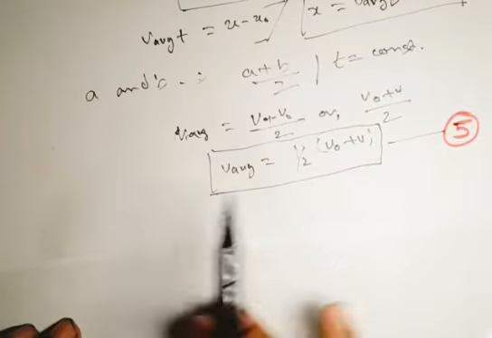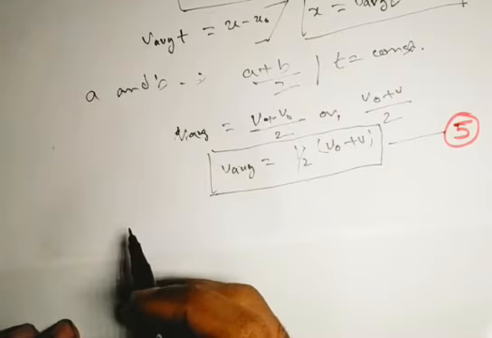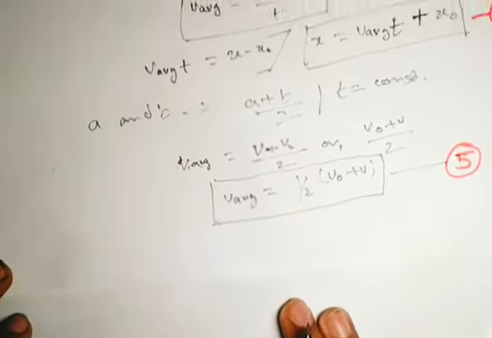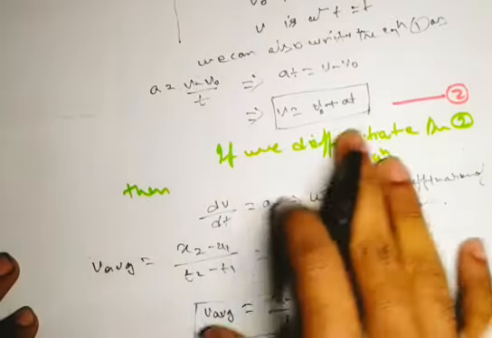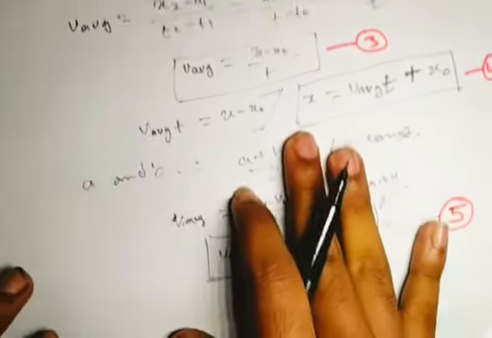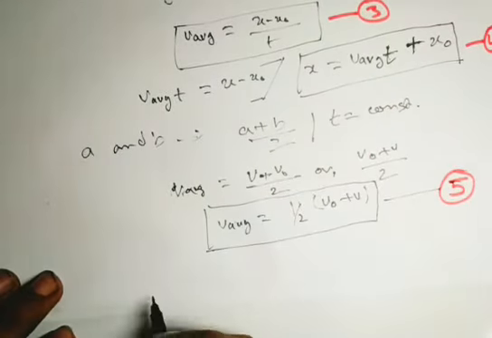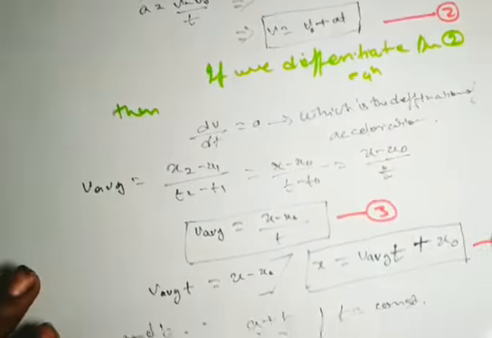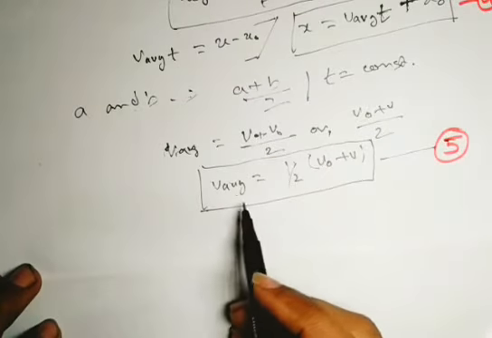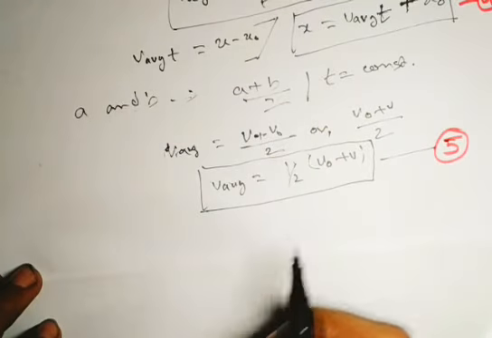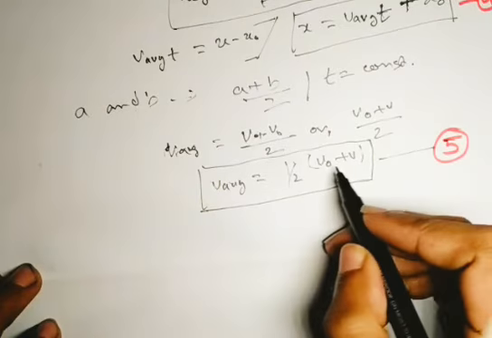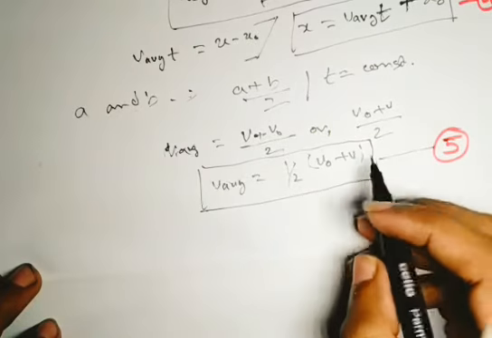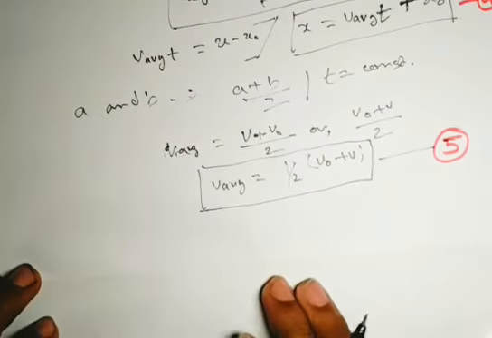So let us put equation 2 in equation 5. Then what do we get? What is equation 2? v is equal to v naught plus at, and here we have v average equal to half into v naught plus v, which is initial and final velocity.